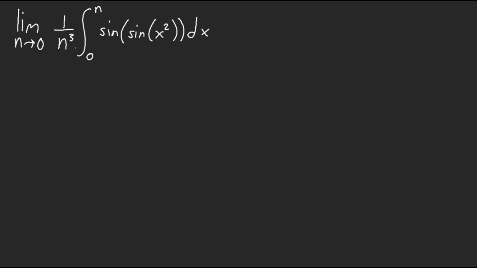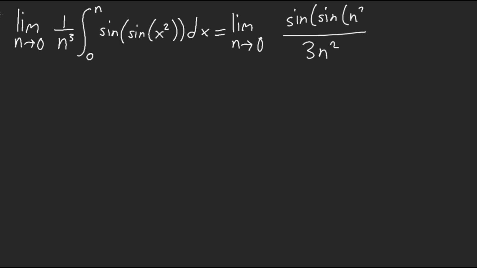Here we clearly see that this is L'Hopital's rule, because if we plug in 0, this integral also equals 0. So we apply L'Hopital's rule. When we derive, the bottom is 3n squared, and on the top we get sine of n squared. Cool, so this is what we have.